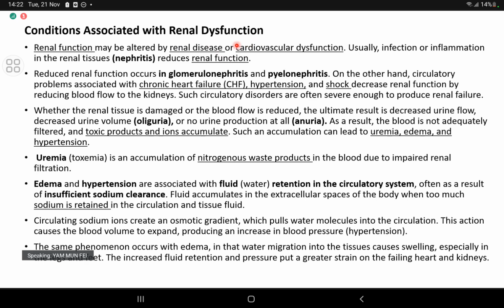These two conditions directly contribute to your renal function. If, let's say, your heart can perform normally, then sometimes, or very rarely, you can get renal dysfunction.